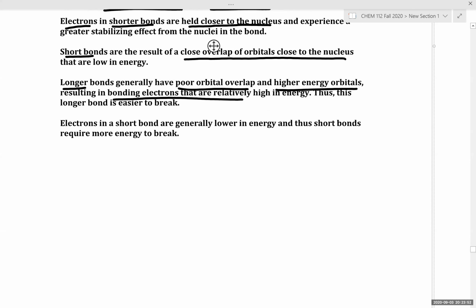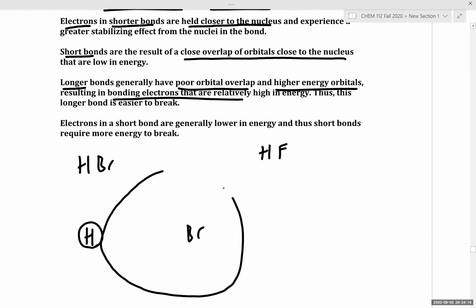So just to show an example, if we looked at HBr versus HF. So in HBr, for example, the hydrogen's this little tiny orbital, and then we have this gigantic bromine with just a very weak orbital overlap. So here's our hydrogen and here's our bromine, and we have a very weak overlap.